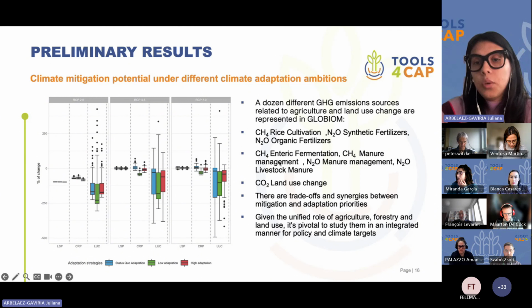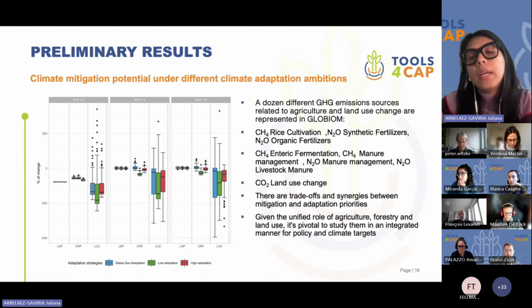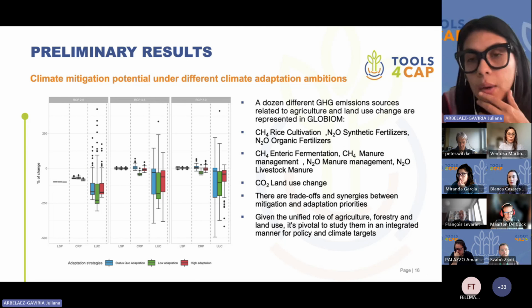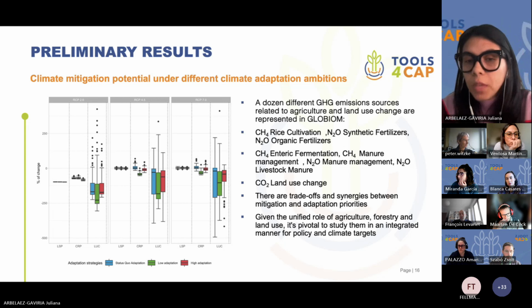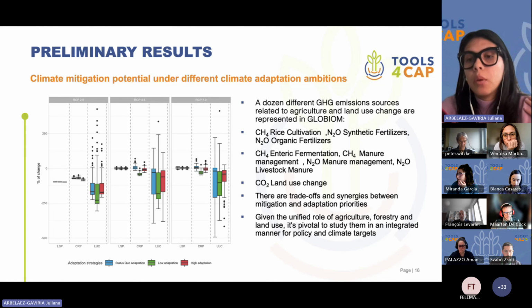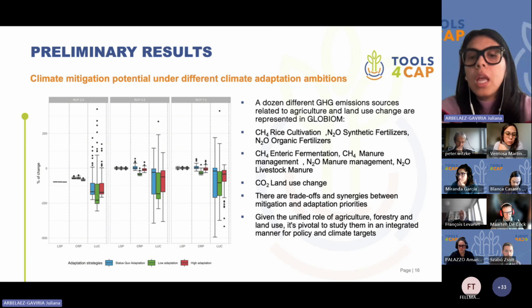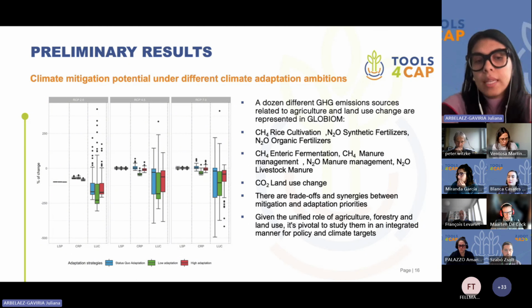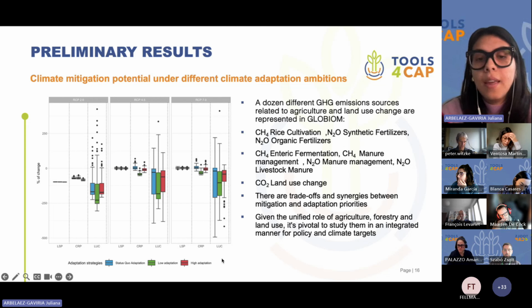And here I just wanted to give you a more detailed view of the types of greenhouse gas emissions that we have explicitly considered in GLOBIOM, and I think that of course they represent pretty well the emissions related to the agricultural and land-based sectors in general. And it's of course important, once again, when assessing the impacts of policies such as the CAP strategic plan at the country level, that we consider the complexities that the environment and climate entail.